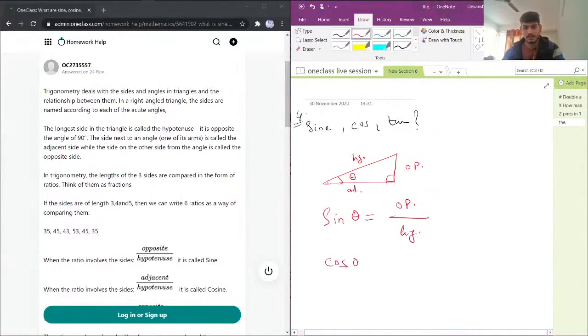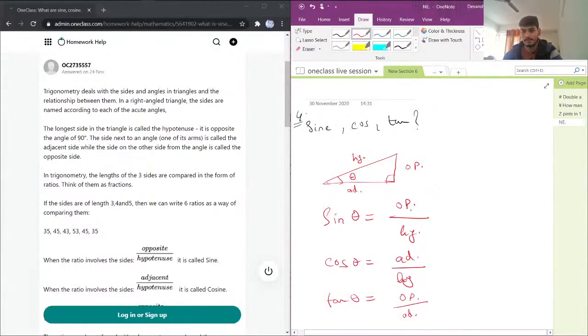Cosine of any angle will give the ratio of the side which is adjacent to the angle to the hypotenuse, so that will be adjacent over hypotenuse. And then we have tangent of theta, which is the ratio of the opposite side over the adjacent side.